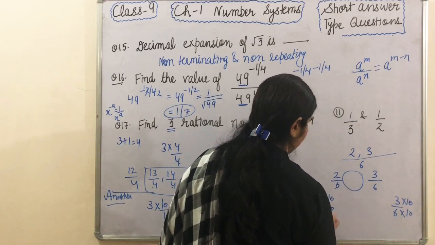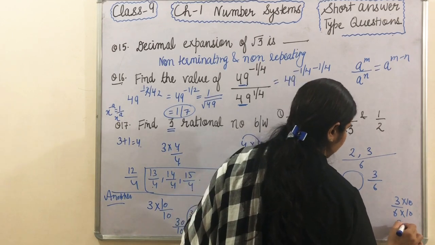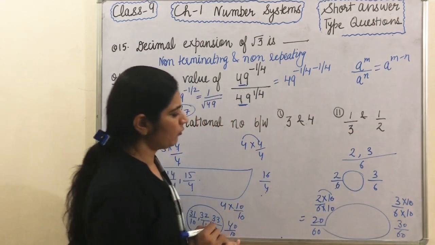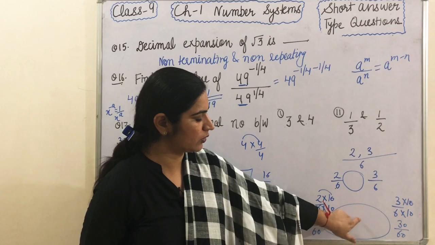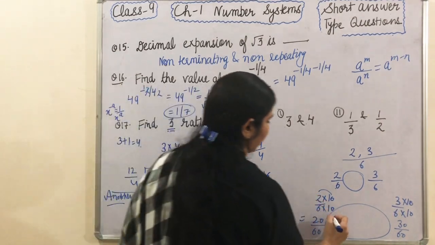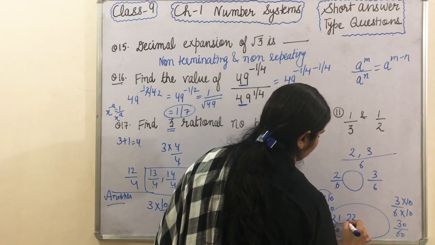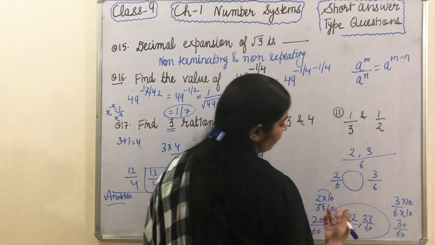So it will be 20 by 60 and the next number is 30 by 60. 9 numbers are lying between them: 21 by 60, 22 by 60, 23 by 60, 24 by 60. The requirement is of 3 numbers, so we can write any 3 numbers. I am taking 21 by 60, 22 by 60 and 23 by 60.